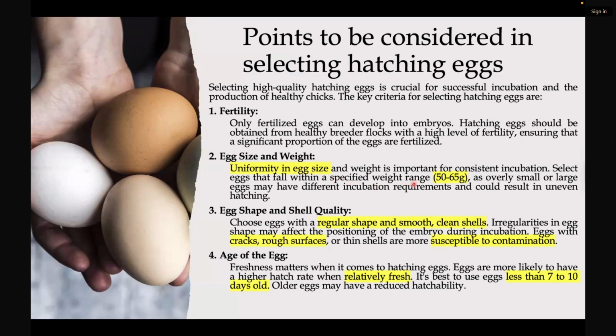Standard egg weight ranges from 50 to 65 grams, which fits very well in the incubator setting tray. If the egg is too small, it may pass through the hole in the setting tray, and if it passes through, it will drop, it will break down, and it will contaminate the other nearby eggs. There will be bacterial contamination, and so on.